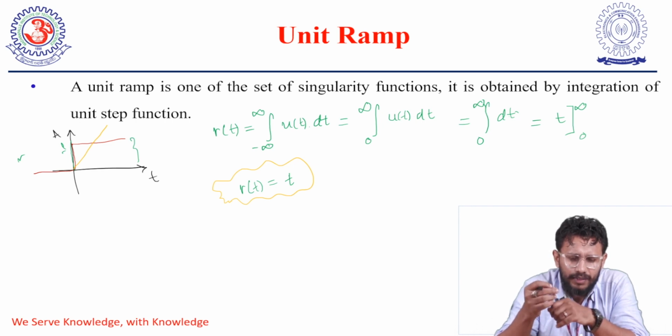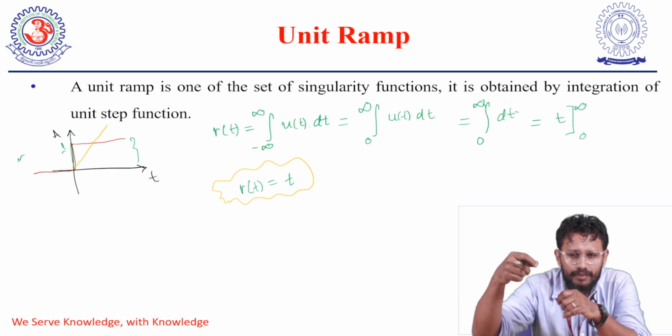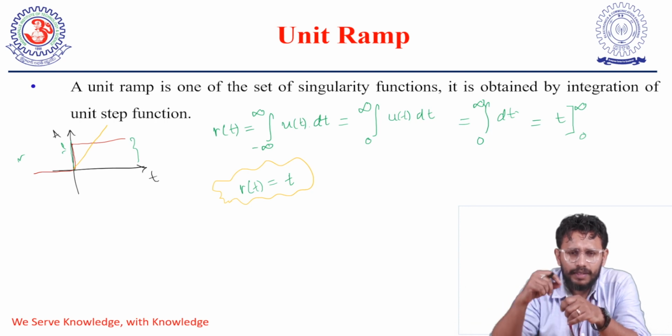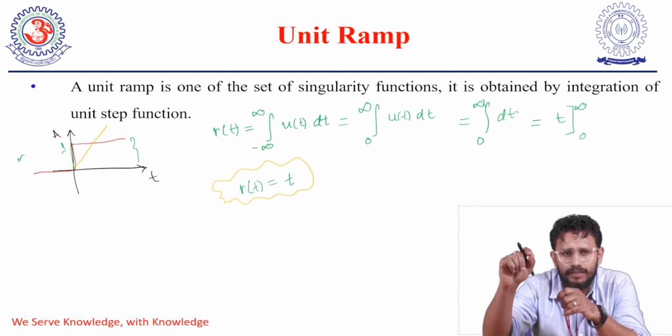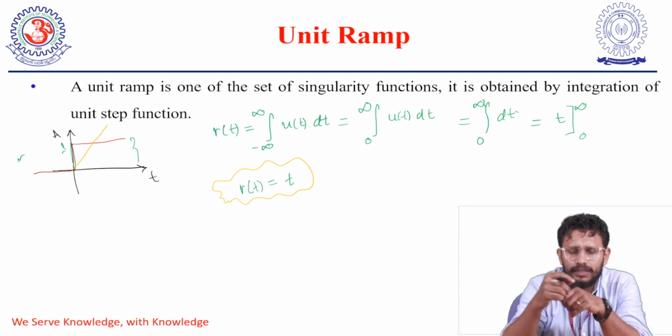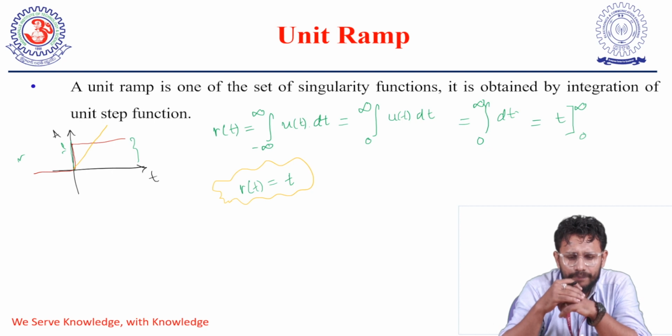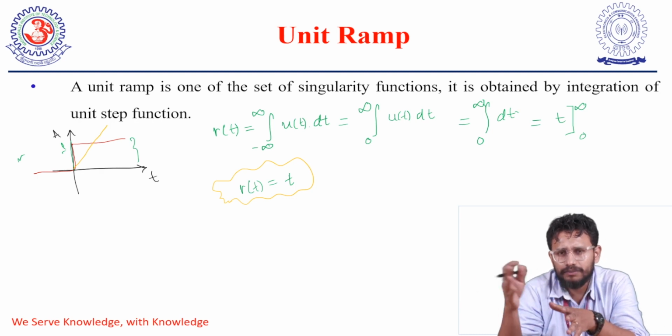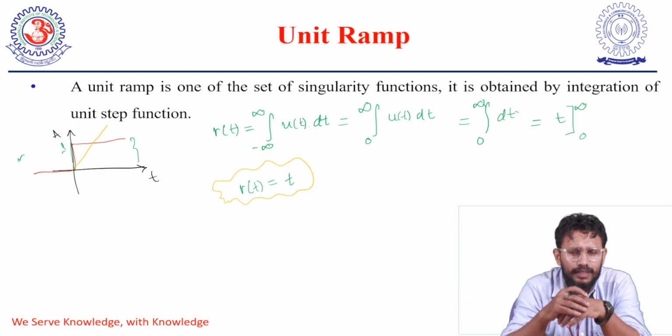This can be a certain sort of acceleration, which with the same magnitude is changing continually, and it has a linear relation with the change of time. Now, if you observe a unit step input, it was non-existent before time zero, but beyond time zero, it exists, and it exists with a constant value.